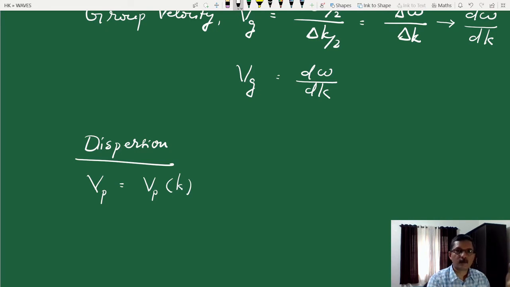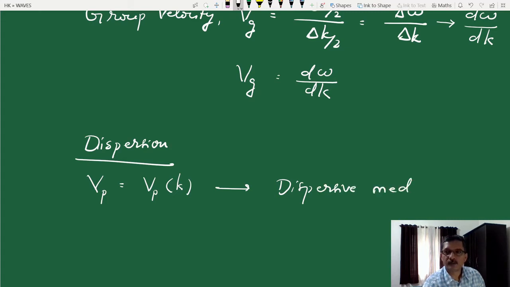Okay, if the phase velocity varies with wavelength or wave number, because wave number and wavelength are connected, wave number is equal to 2 pi by lambda. So if phase velocity of a wave varies with wavelength in a medium, then such a phenomenon is called dispersion, and that medium is called a dispersive medium. Okay, then we say that this is a dispersive medium.